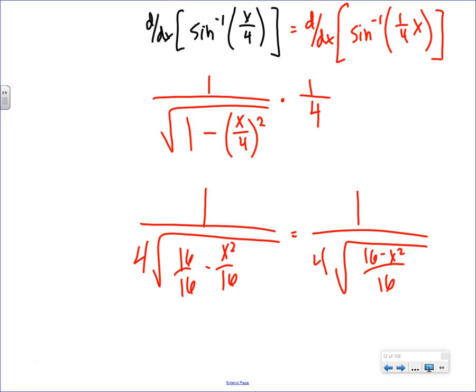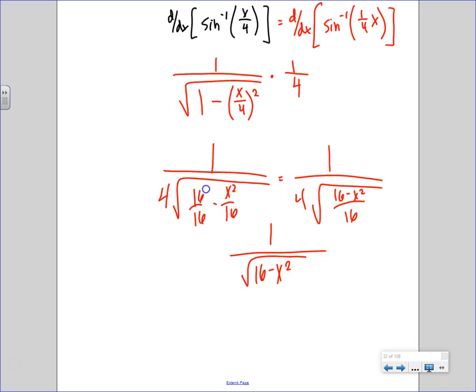What's the square root of 16? And what's 4 over 4? I can make this 1 over the square root of 16 minus x squared. Square root of 16 is 4, and 4 over 4. This is the nice, pretty multiple choice answer for the derivative.